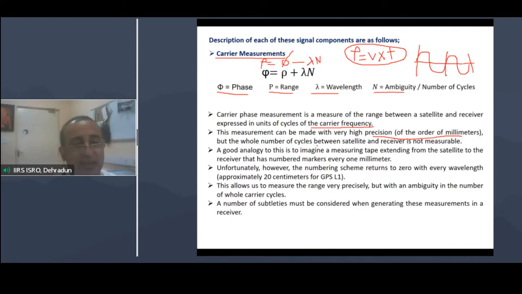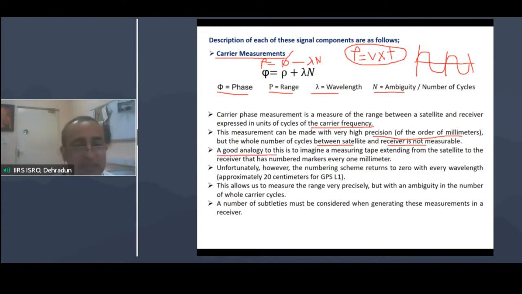But the whole number of cycles between satellite and receiver is not measurable. That's why the system takes time to resolve it. Once the system is able to read the number of cycles, it is called ambiguity resolved. That means the system is able to read the number of cycles present in the signal.